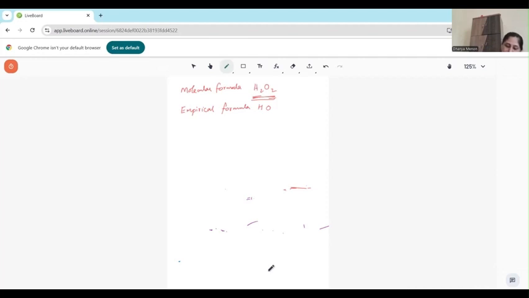Similarly, take the molecular formula of benzene, an organic compound you will be learning about, C6H6. That means benzene has 6 carbon atoms and 6 hydrogen atoms. So it gives you the actual number of atoms that are present in the molecule of a compound. But can we simplify the ratio?